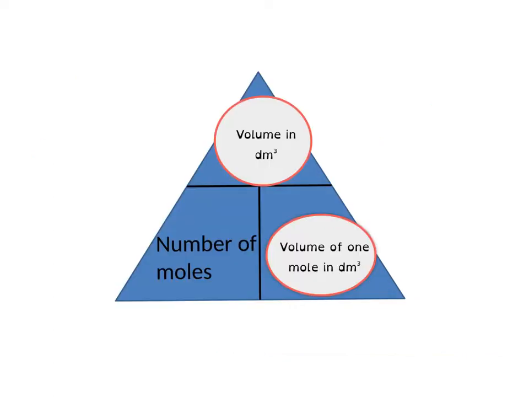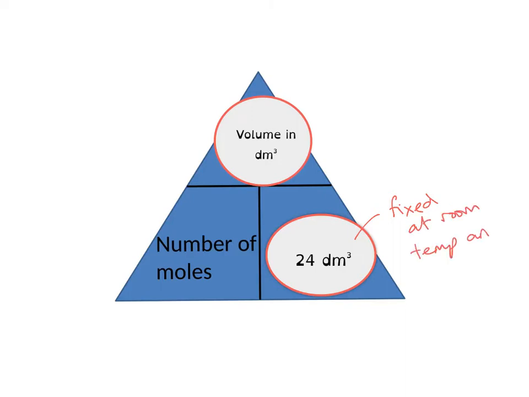So in fact, the volume of 1 mole, so here's the triangle just in the centre, is fixed. And it's fixed given that we do all of our calculations at GCSE at the same temperature and the same pressure.